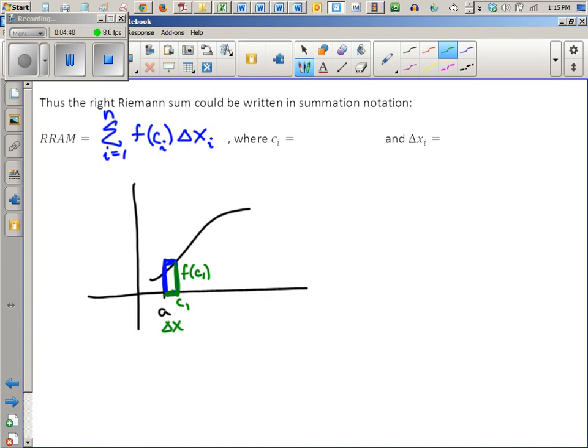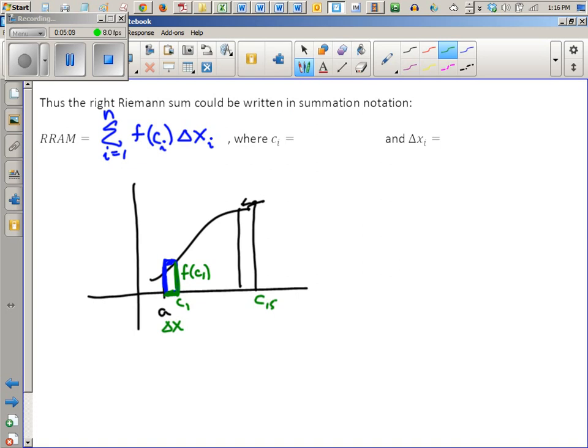So how do you find, like, c15? Well, you would basically take a and add delta x to it 15 times, because you would want to get, let's say, c15. That'd be way out here. c15 would basically be a plus delta x 15 times, if that makes sense.